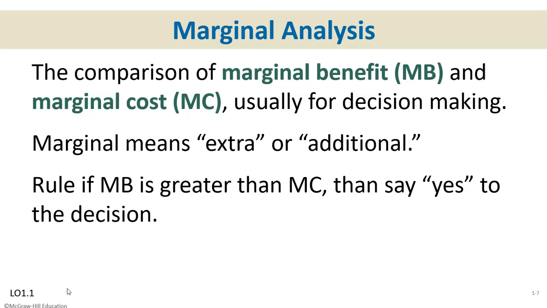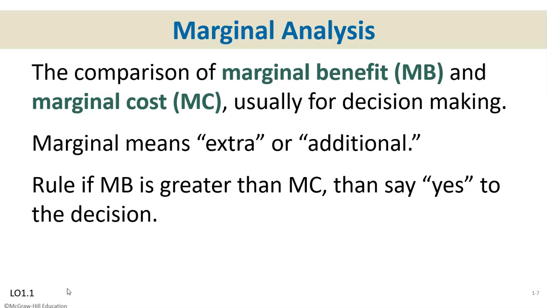So marginal means just right on the edge. If I'm going to make one more product to sell, how much is it going to cost me to make the product? And then how much benefit am I going to get from selling the product? And if the benefit is greater than the cost, then I'll go ahead and produce and sell that good.